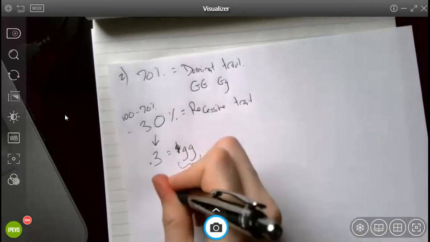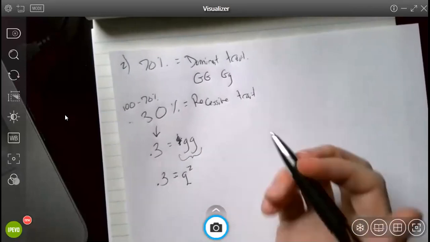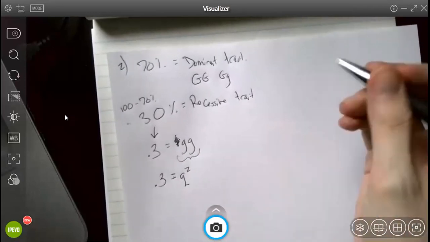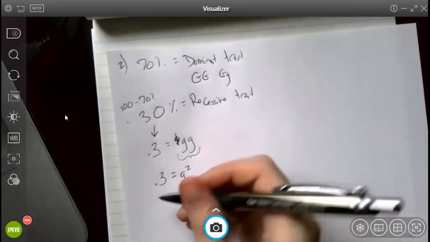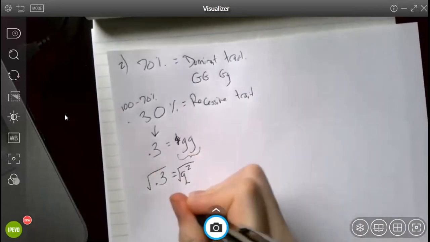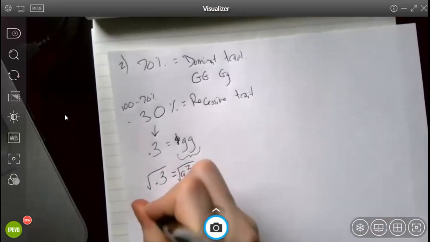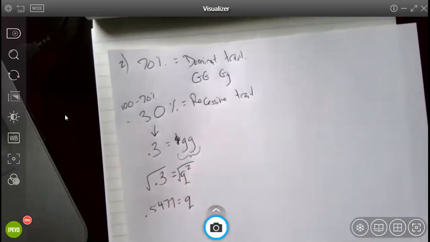So that means that 0.3 equals q squared. I then want to figure out what just q is. So I'm going to square root that to get just q, and that is 0.5477-ish.